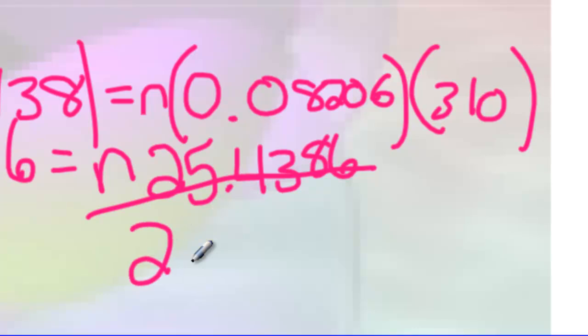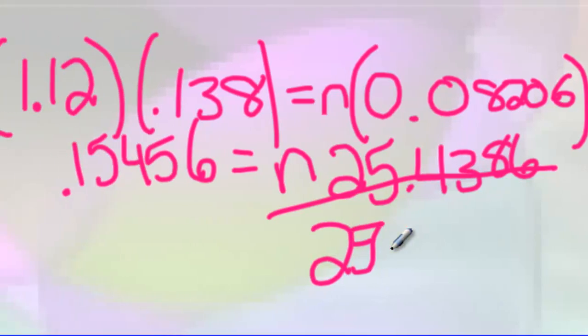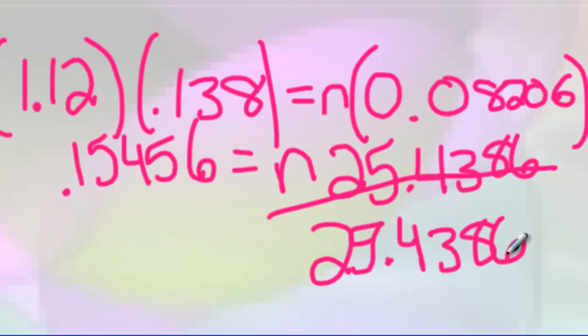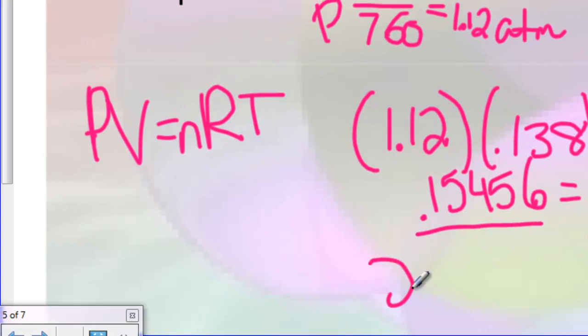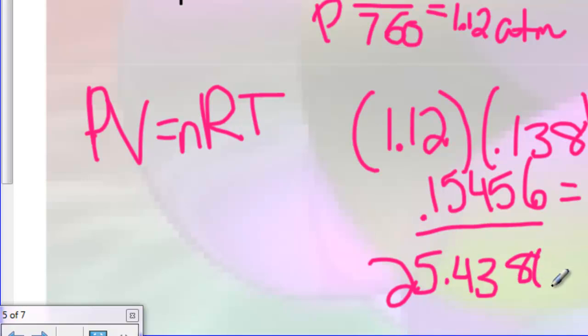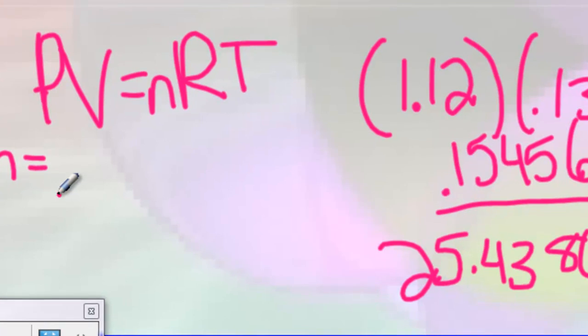Pretend I didn't cross out the number there. My writing is becoming atrocious. All right, and that leaves us with an n value of 0.00607.